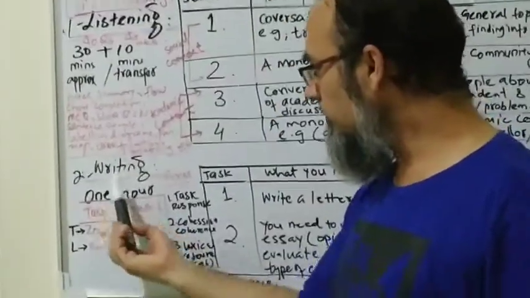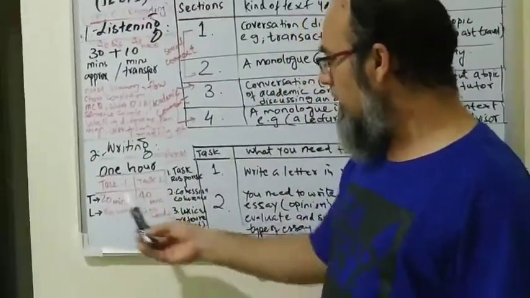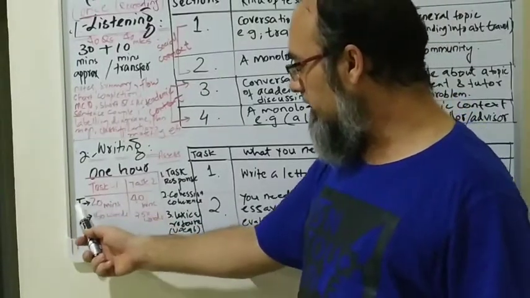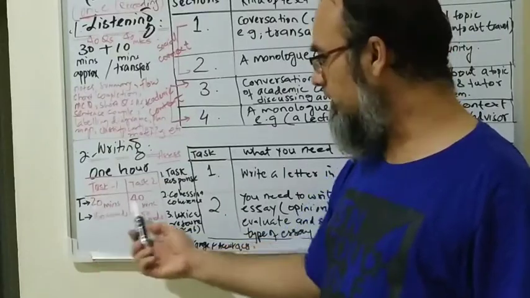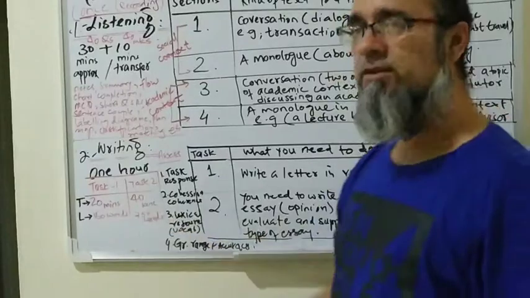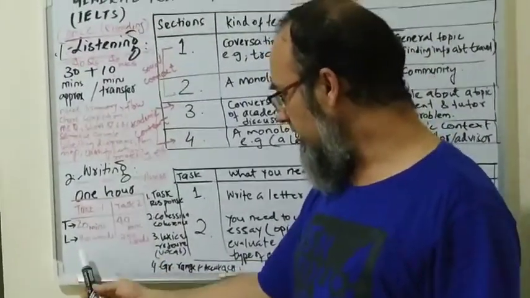The total duration which is given in writing skill is 1 hour. So you have to manage your time, and in task 1, the time duration is 20 minutes, and in task 2, the time duration is 40 minutes. So within this, you have to cover your writing tasks and assignments.